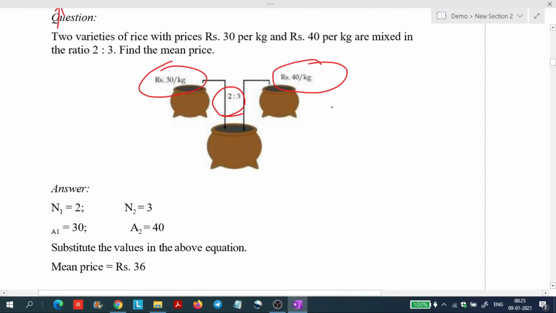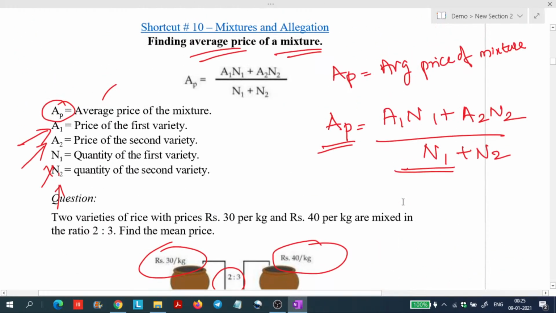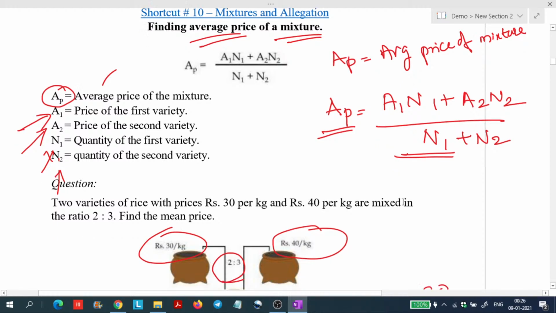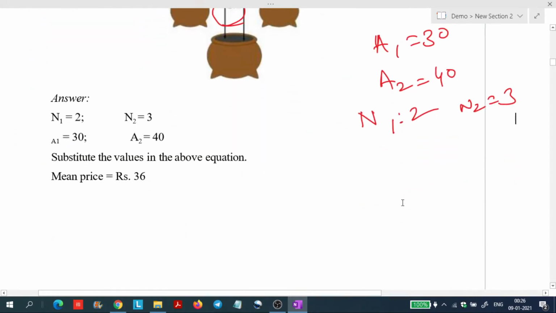Here A1 is 30 and A2 is 40, mixed in the ratio 2 is to 3, so N1 is the quantity of the first variety and N2 the quantity of the second.